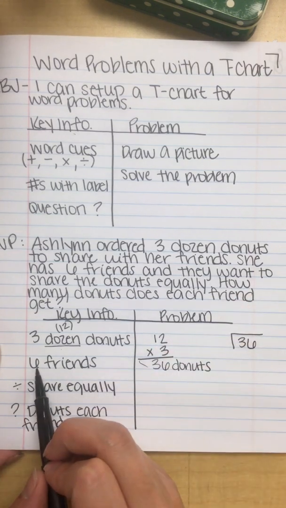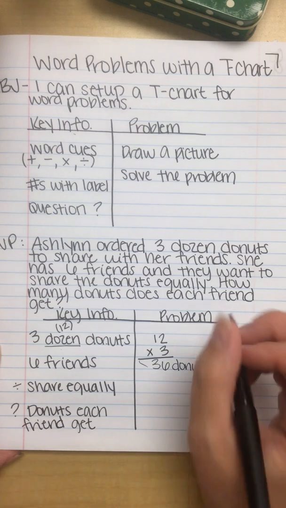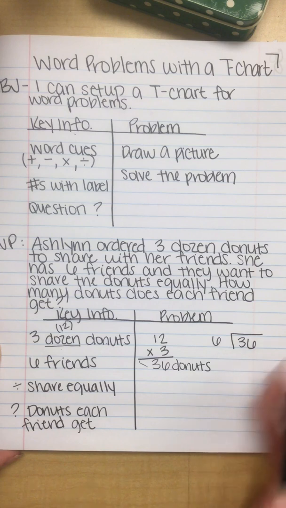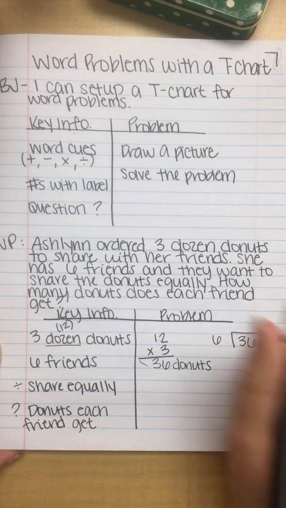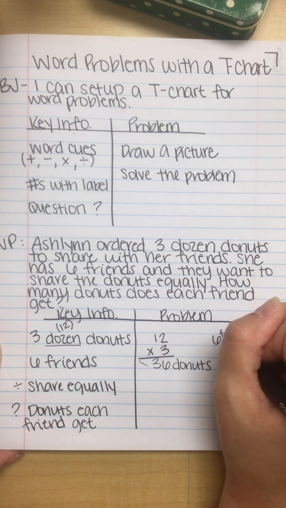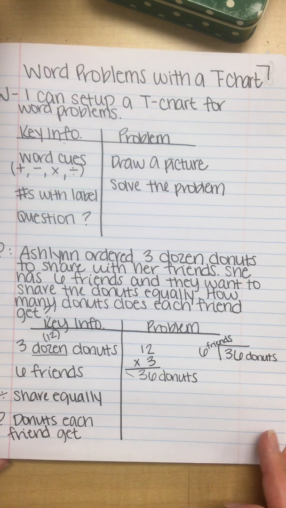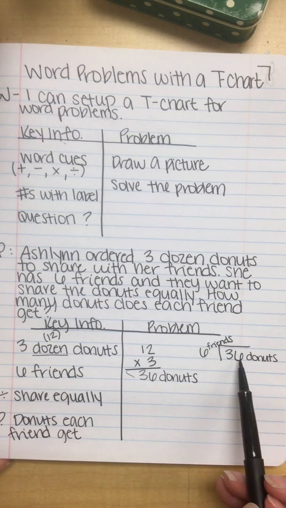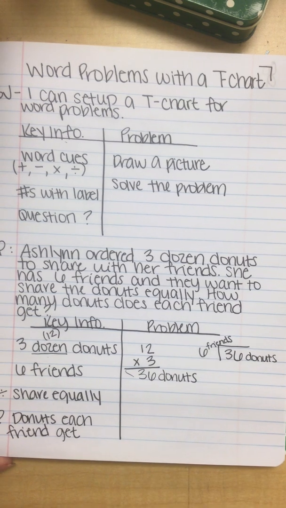And then the number I'm sharing or splitting up or putting into groups is my divisor. And I'm going to put 36 donuts. I'm going to label them. And 6 friends. So I understand what's happening here. I'm taking my donuts and I'm splitting them or sharing them with 6 friends.